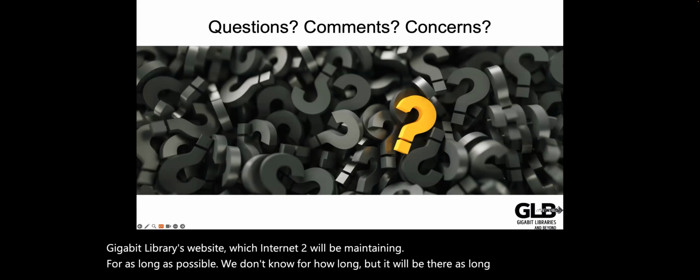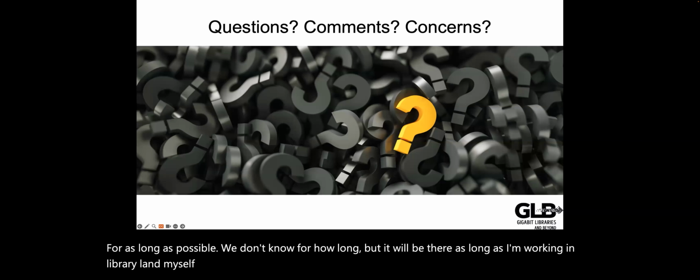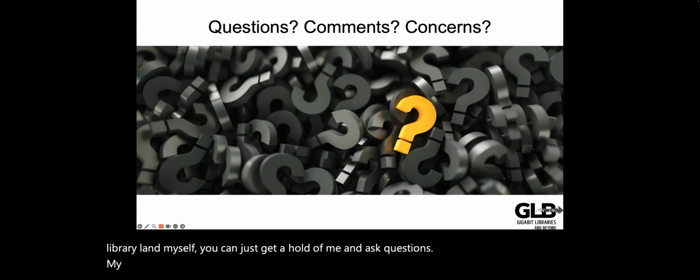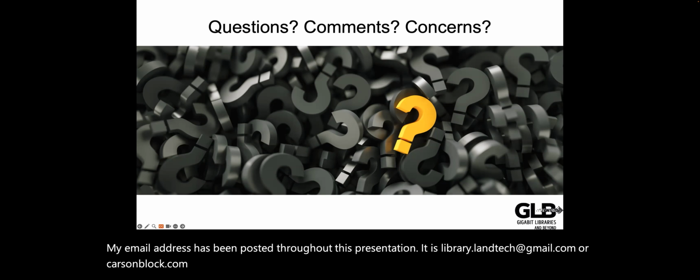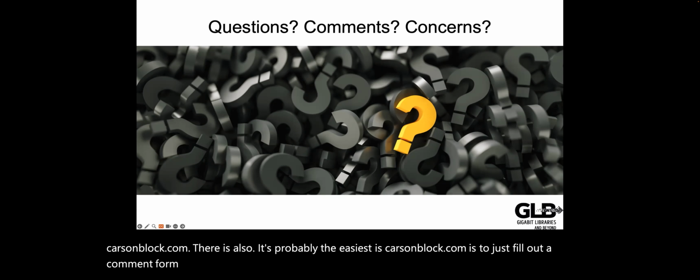As long as I'm working in library land myself, you can just get a hold of me and ask questions. My email address has been posted throughout this presentation. It is librarylandtech@gmail.com, or carsonblock.com. It's probably the easiest to just fill out a comment form at carsonblock.com, and I'll be very happy to get back in touch with you.